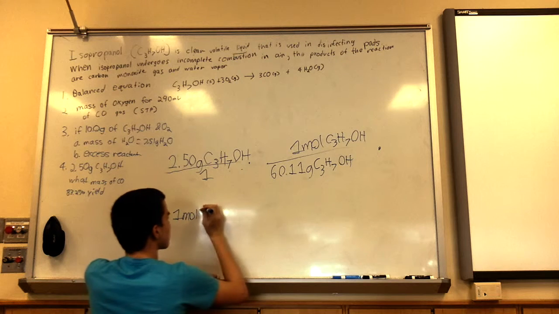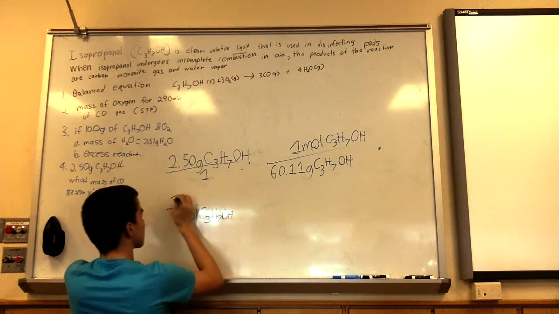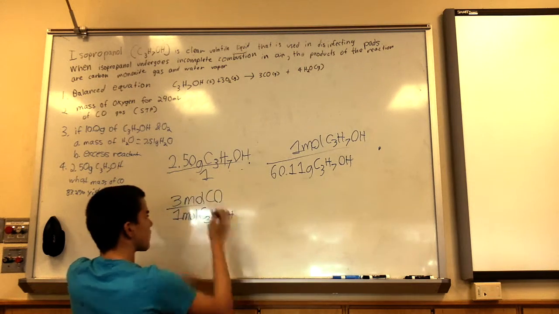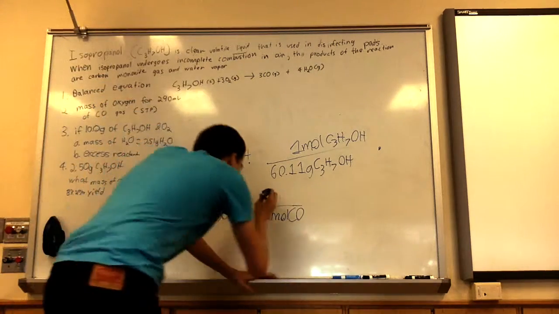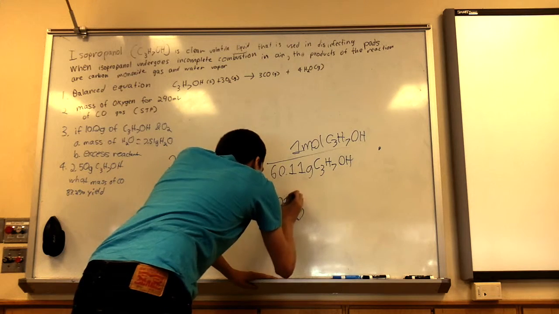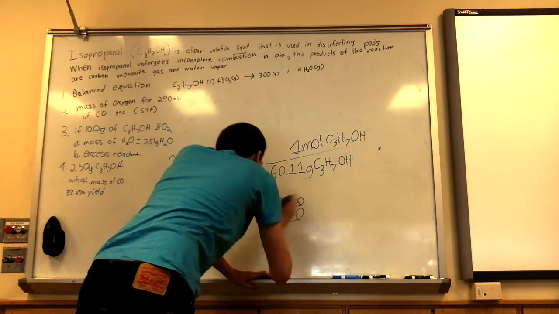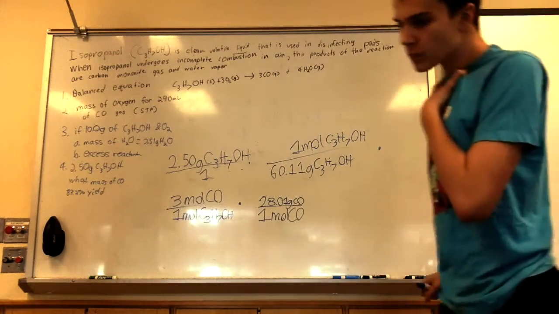And now he's using the ratios in the equation to convert that into CO. So good. So the molar mass of CO is 28.01. So he's converting it to grams here. And that all comes out to 3.49.